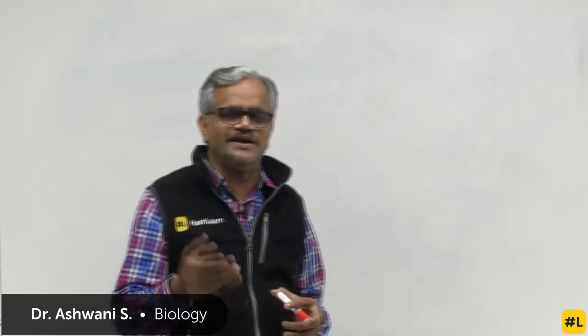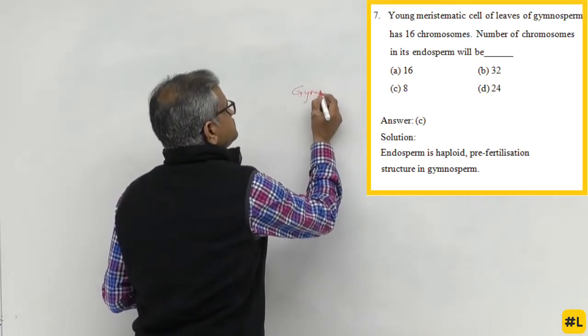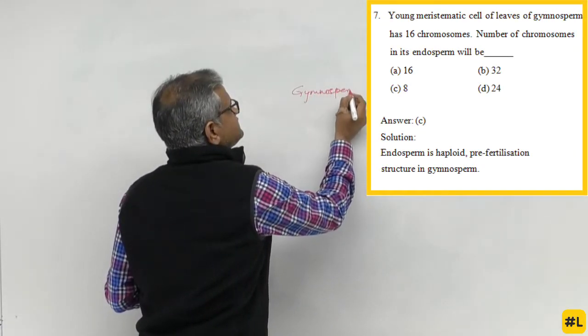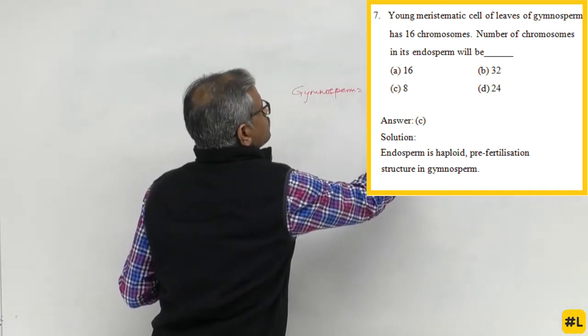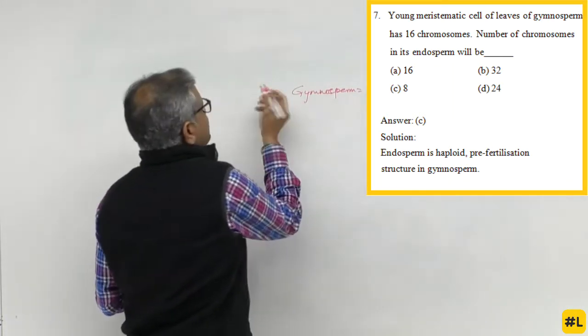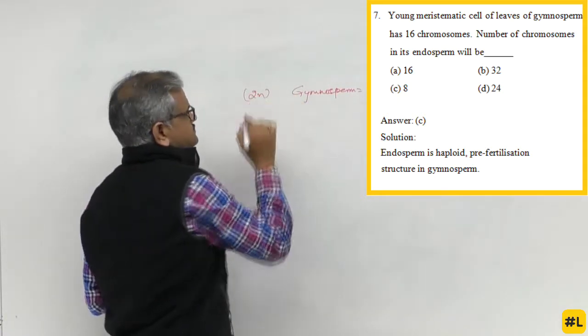The CPP question of yesterday, most of you have attempted it wrong. Question was, a meristematic cell of a gymnosperm has 16 chromosomes. Simple question. When I say meristematic cell of a gymnosperm, means it is diploid.